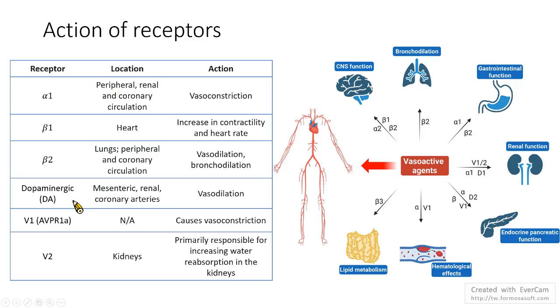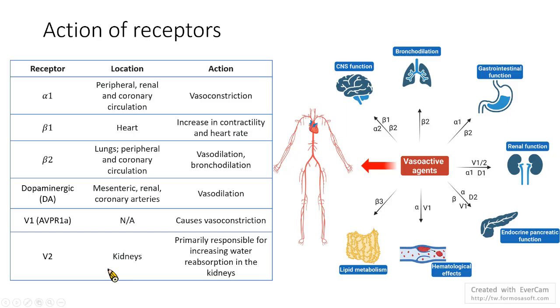The dopaminergic receptors are around the mesenteric and renal areas and lead to a mild vasodilation effect as well. As for the V1 and V2 receptors, as part of the arginine vasopressins, the V1 is focused in the visceral organs, and the vasoconstriction to that area can sometimes cause damage to these organs, or lead to adverse events such as mesenteric ischemic bowel.